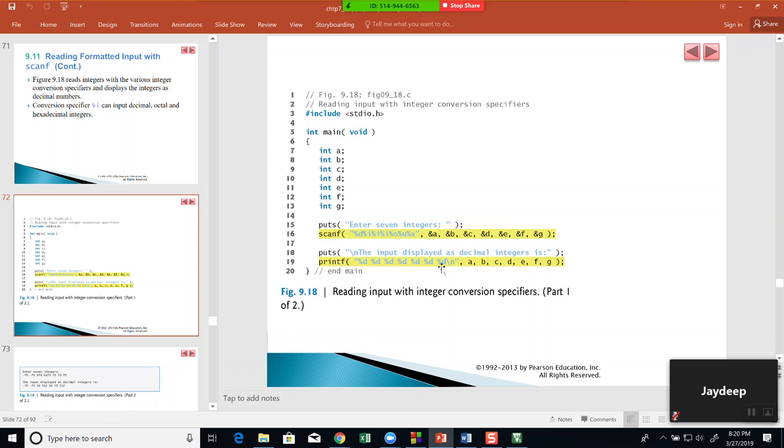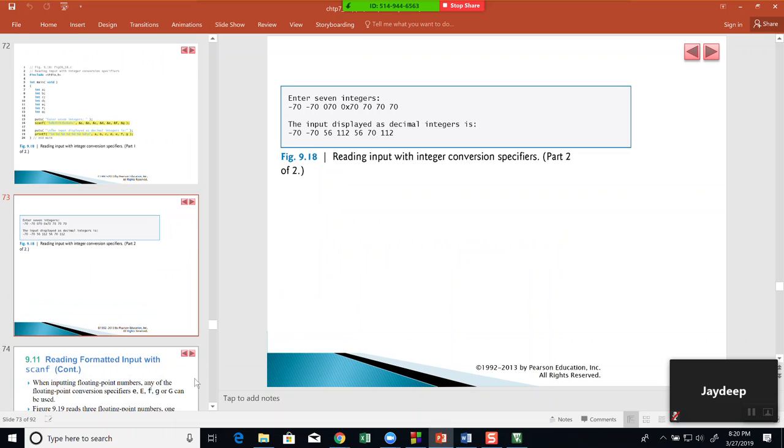And this shows just reading in a bunch of integers, and then printing them. So you don't have to have just one per line. You can have 1, 2, 3, 4, 7. So you can read in all 7 at once.